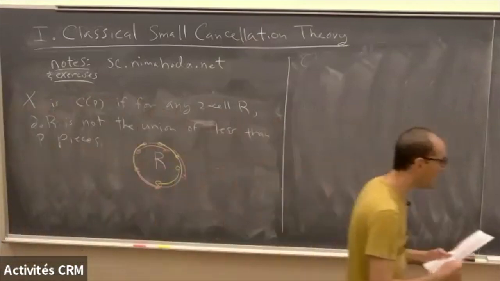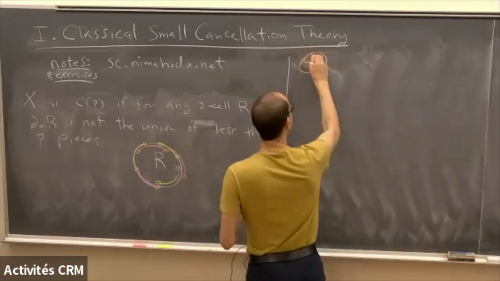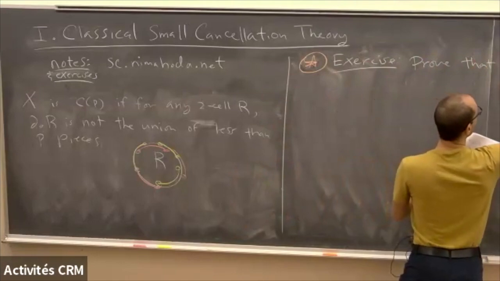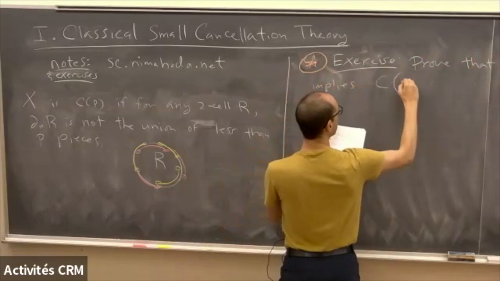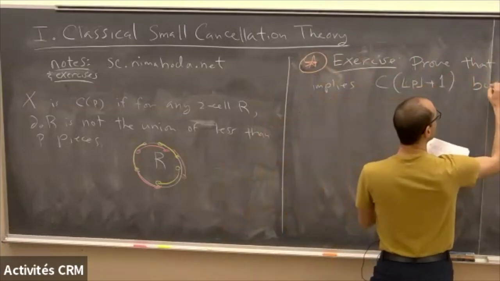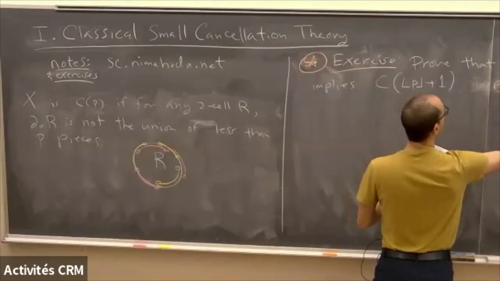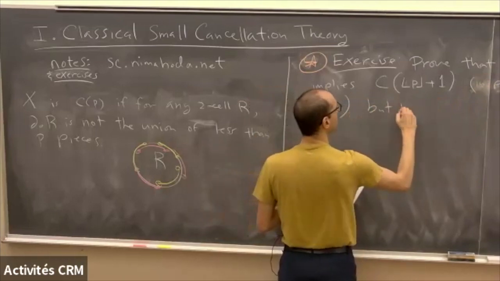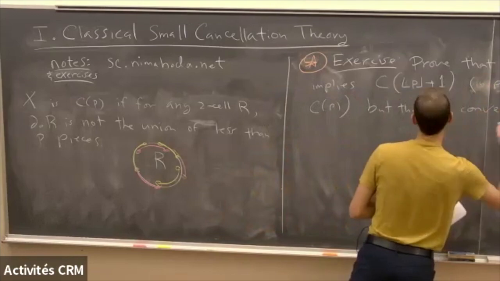But here's our first exercise, at least that I'm stating in the lecture. There are more in the notes. C prime of 1 over P implies C of floor of P plus 1, and in particular C of P, but the converse does not hold.